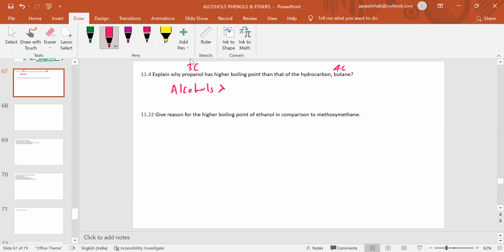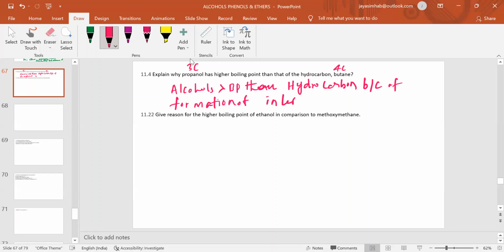Alcohols have more BP, greater BP, higher BP than hydrocarbons because of formation of intermolecular hydrogen bond. So this is the reason.